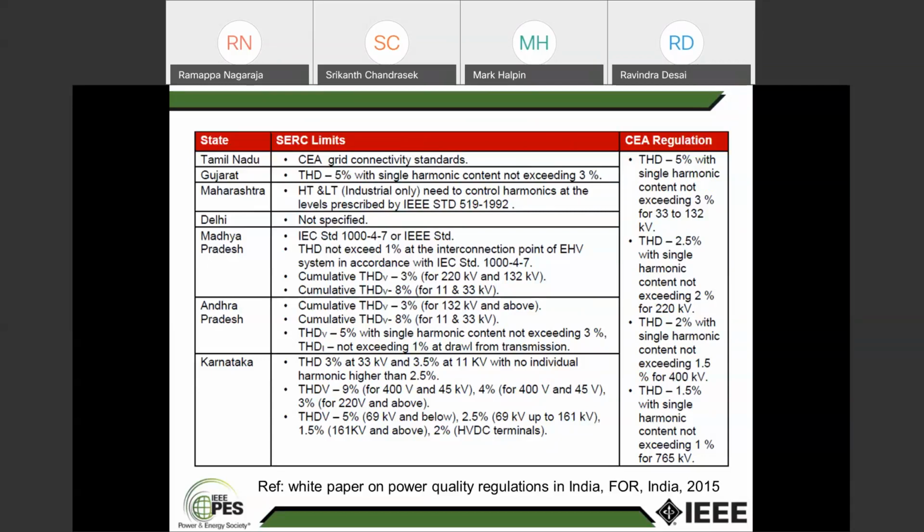And certainly with regard to India, I would recommend that the entire country consider a single uniform standard. The reason is the nature of harmonics, the potential damaging effect of harmonics, and that of course is what drives the need to limit harmonics.